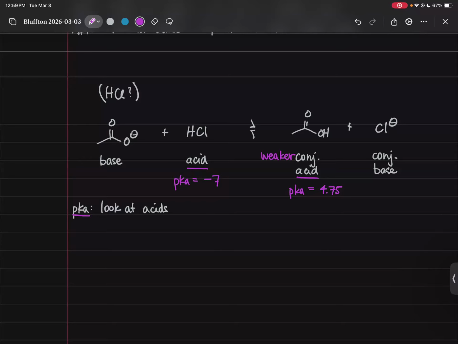So that means acetic acid is the weaker of the two acids. Equilibrium lies on the side of the weaker acid. There we go. Okay, so this reaction should go forward. So it looks like this is going to work.